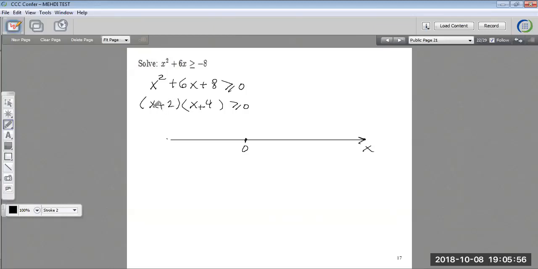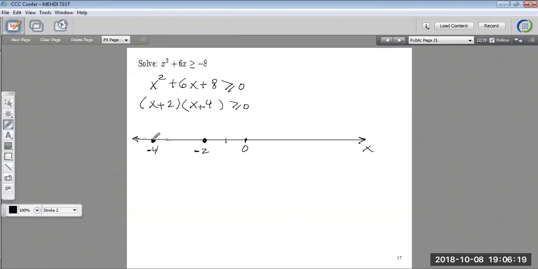If I solve x plus 2 equal to 0, x equal to minus 2 would be one of my zeros, right there. And x plus 4 equal to 0, x will equal to minus 4. Somewhere around here is minus 4.